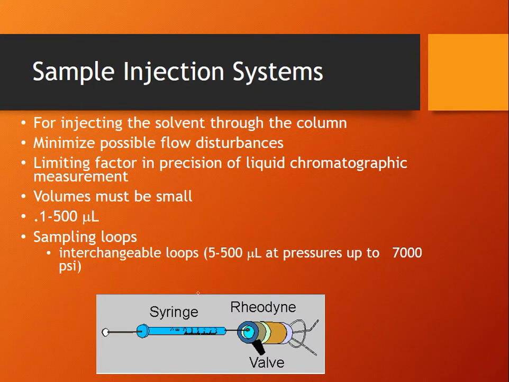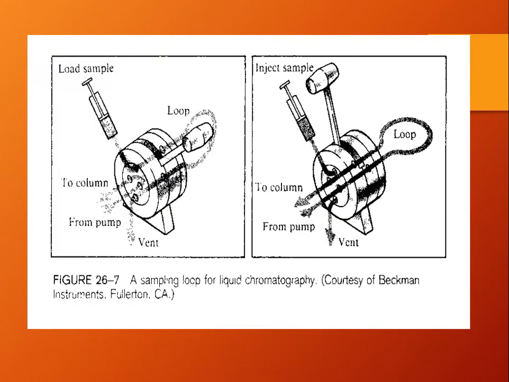The volume must be small. It will be injected like this, and it is a sampling loop. This is all about loops. Here it is a sampling loop, and we can inject from here, the sample is injected, and it goes to the loop.